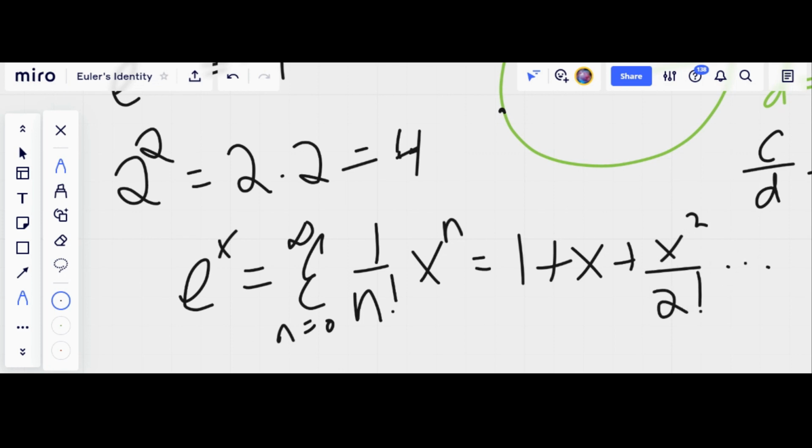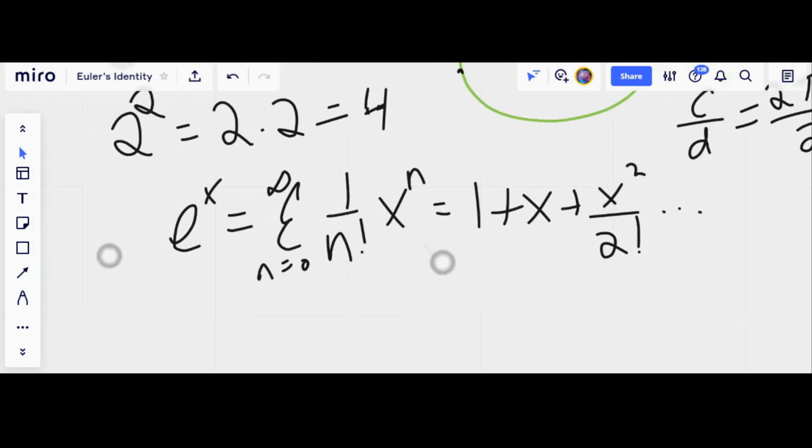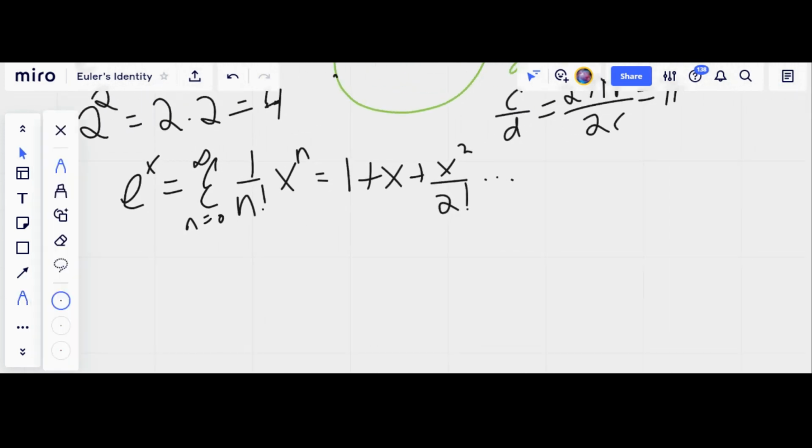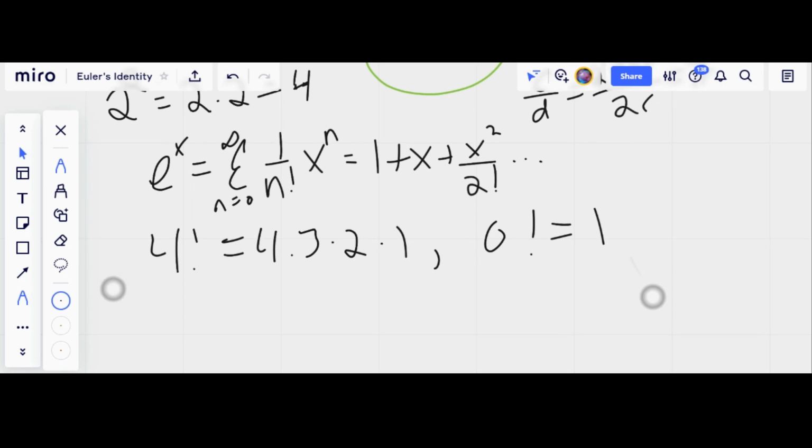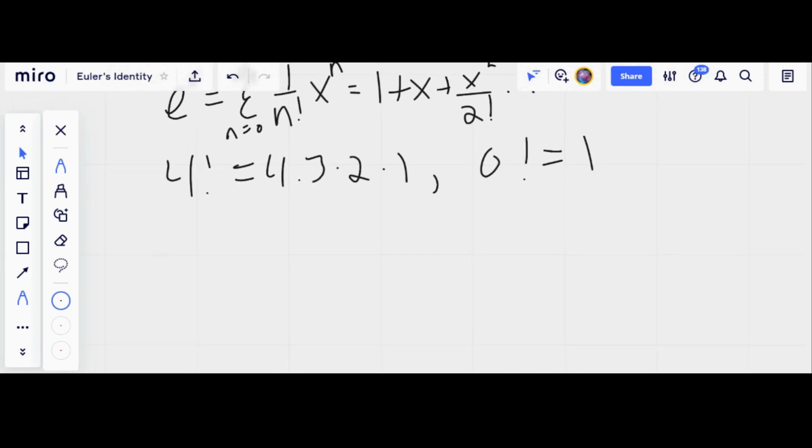Now the factorial, in case you don't know, when you want to take a factorial of a number, let's just say we want to do 4 factorial, this is just going to equal 4 times 3 times 2 times 1. It's also important to note that 0 factorial is defined as 1. Another thing that we would like to note here, and this might not seem obvious immediately, but the cosine of x can be expressed in the following way.